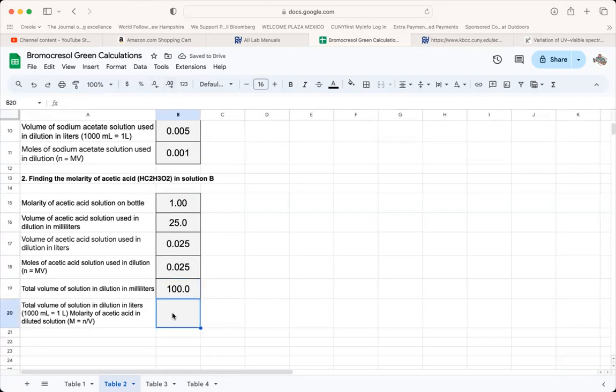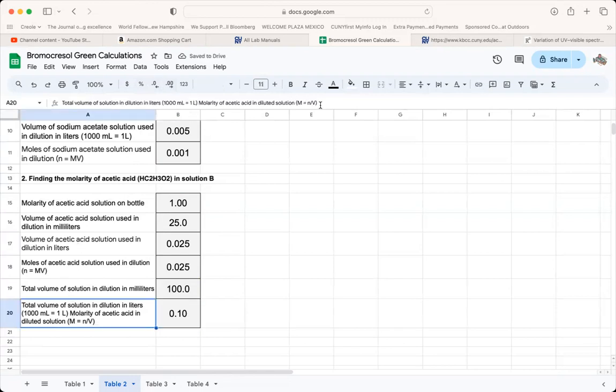And then now, what is that total volume in liters? So equal sign volume in milliliters divided by 1,000. Okay, so we got that so far. That's looking good. Now, there's one little error here.